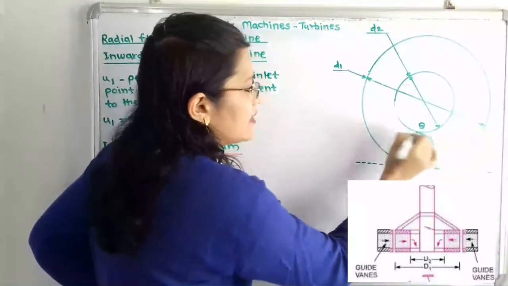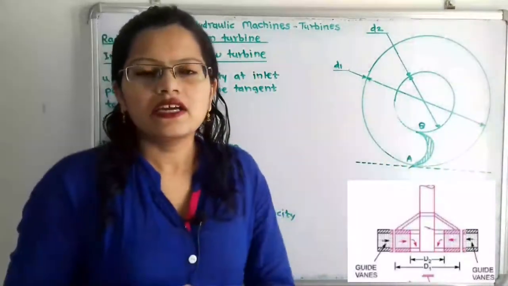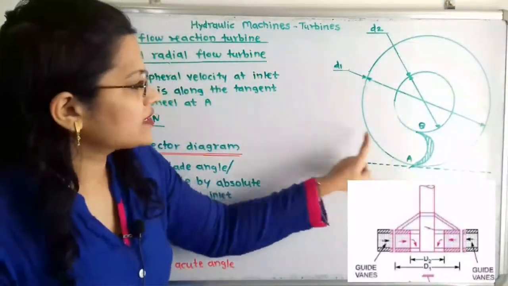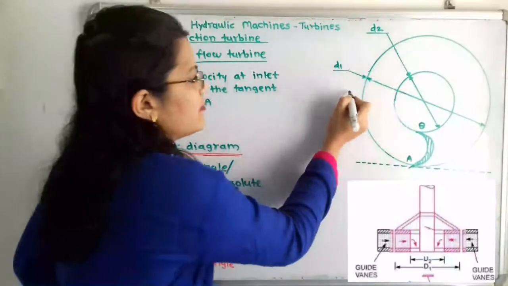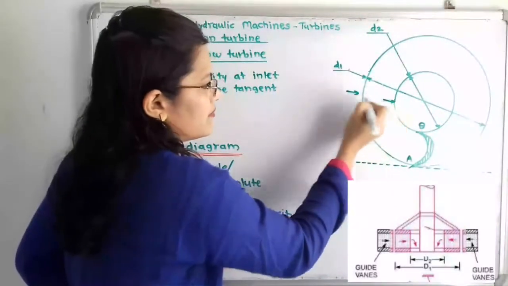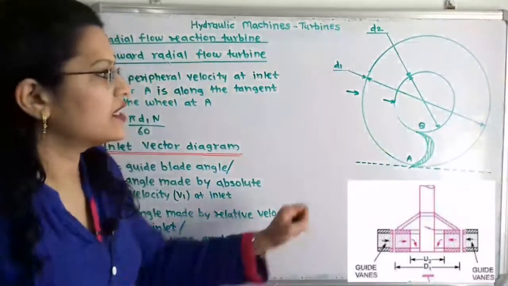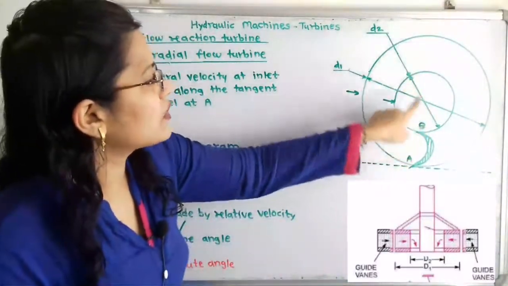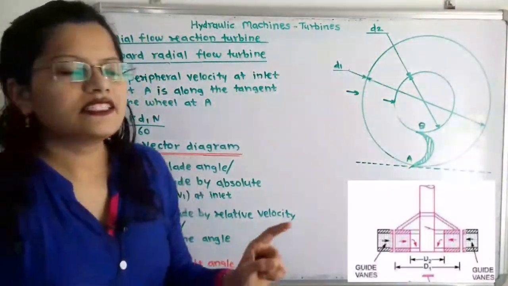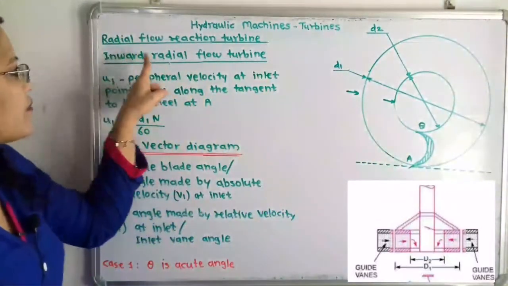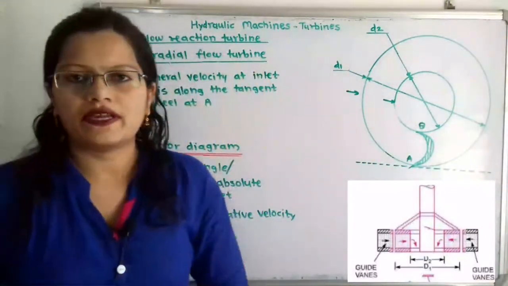We will say that this is the outlet tip, because water is entering from the outer periphery to the inner periphery. That is, the direction is from outward to inward. And what is the diameter? The diameter is D2. And that's why this is called an inward radial flow turbine.